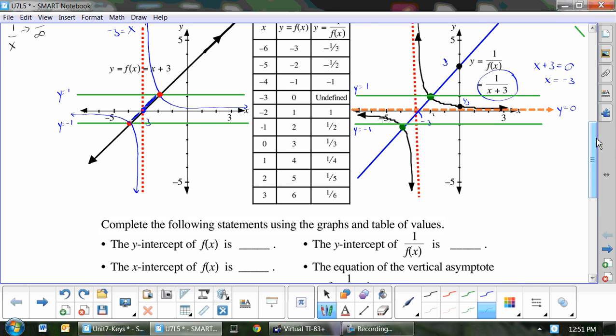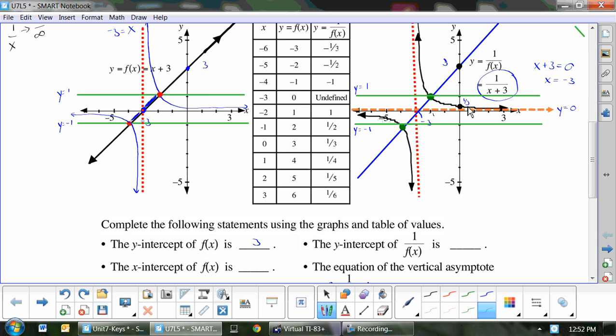So they ask for the y-intercept in our original graph. We can look at it and say, okay, in our original, our y-intercept is at 3. Then they ask, what is the y-intercept of the reciprocal graph? You just take the reciprocal of your y-intercept.